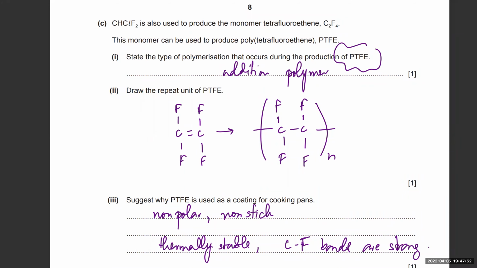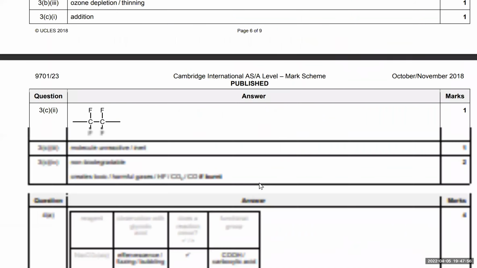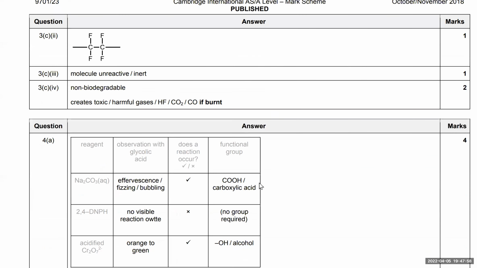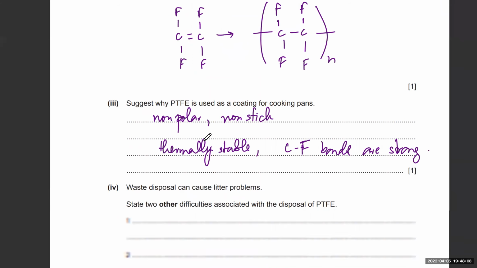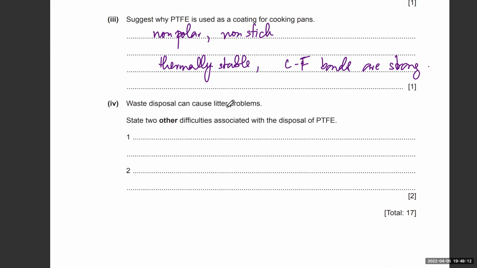It's a very general question. So what? Unreactive, inert, non-polar, kind of the same thing. It was just 1 mark actually. They just gave you 4 lines. It's just 1 mark. And waste disposal can cause litter problems.